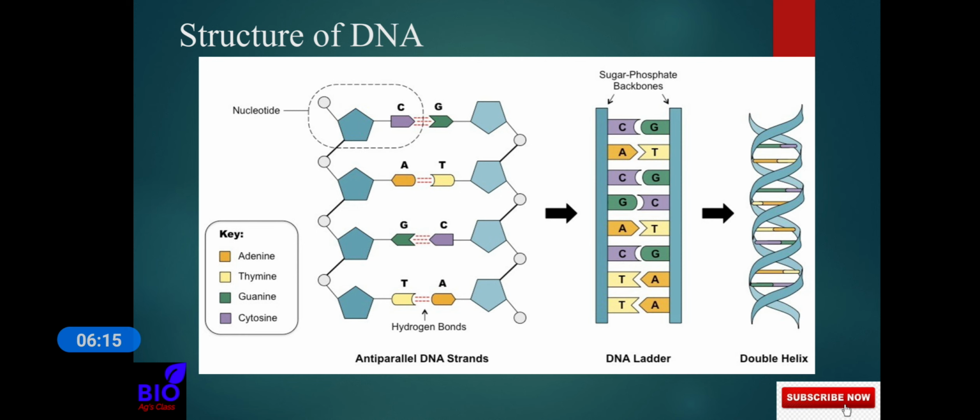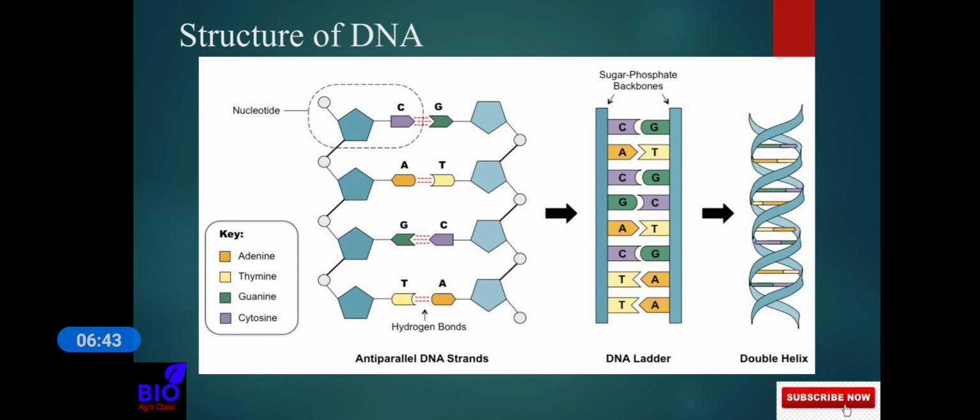How many hydrogen bonds between adenine and thymine? There are two hydrogen bonds between adenine and thymine, and there are three hydrogen bonds between cytosine and guanine.